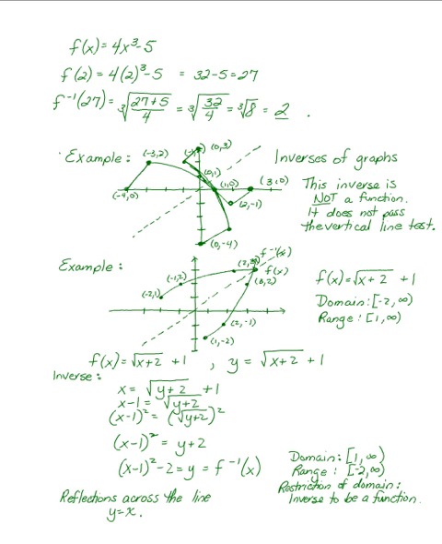If you see my line right here, then this point reflects over to here, and this point reflects to here, that point reflects there, and the point that stays the same, the point that the two graphs have in common, is actually on the line y equal to x. And so that's a way to check to make sure your graph is correct, or it is actually a way that you could draw the graph in the first place.